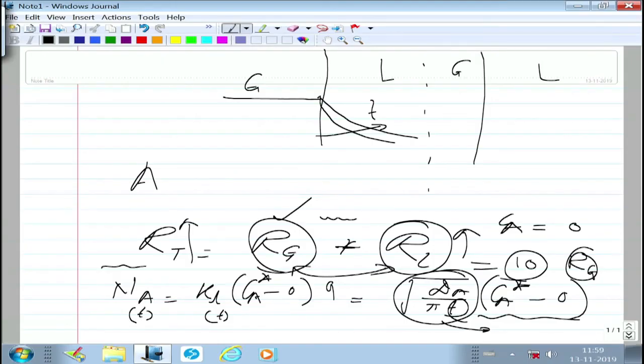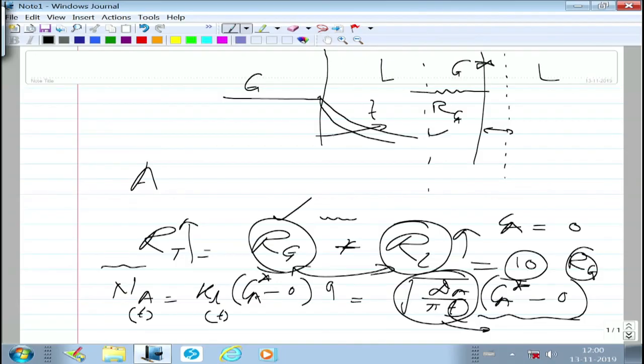In the other case, I take an equivalent situation. Whatever is the gas phase resistance here, let's say this is Rg. I want to measure it in terms of a liquid film offering equivalent resistance, because this is a constant. This liquid film is also a constant thickness, equivalent thickness, in which the concentration profile varies from Ca star to 0.